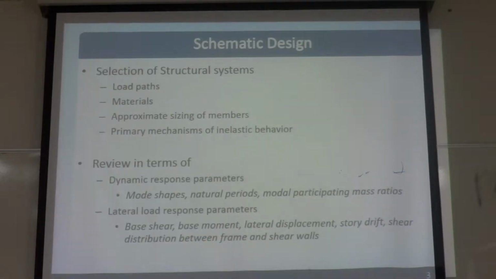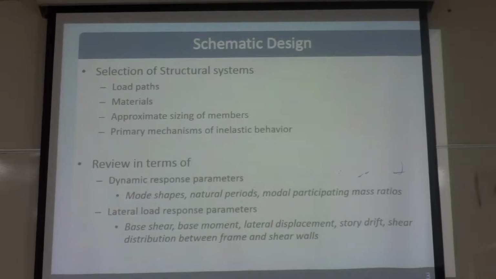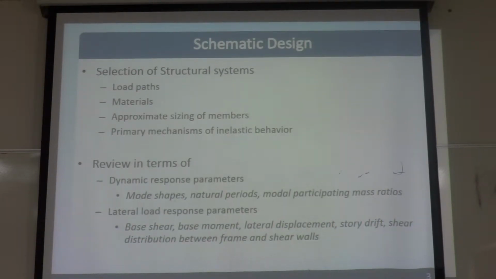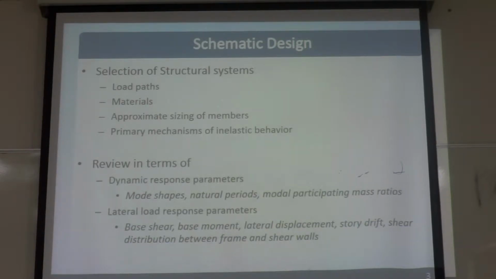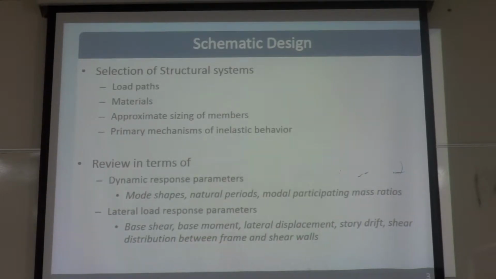In schematic design stage, we have to select the structural system for gravity load resisting system as well as the lateral load resisting system. In selection of the systems, we have to consider the load paths, materials, and approximate size of the structural members.